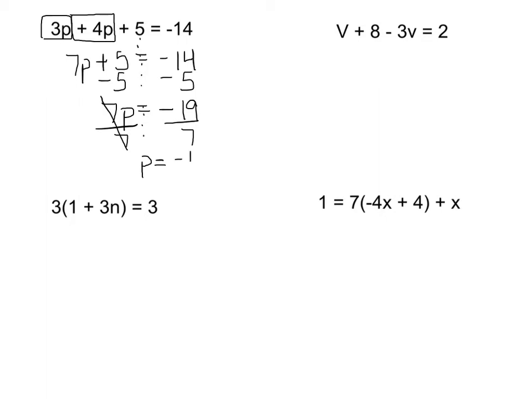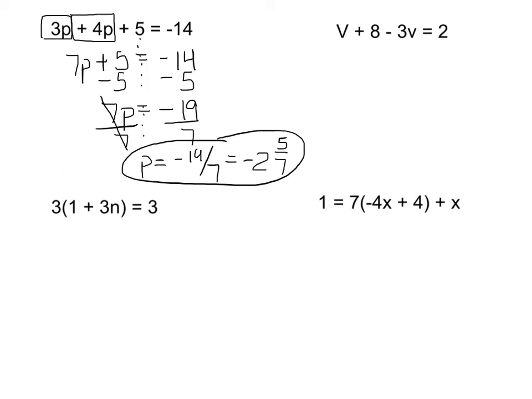And we said before, fractions are perfectly okay. Please do not be scared of fractions. In this case, just leave it as negative 19 over 7. If you want to make it into a mixed number, feel free. If you make it into a mixed number, you end up with negative 2 and 5/7. Either one of those answers is perfectly acceptable from me.